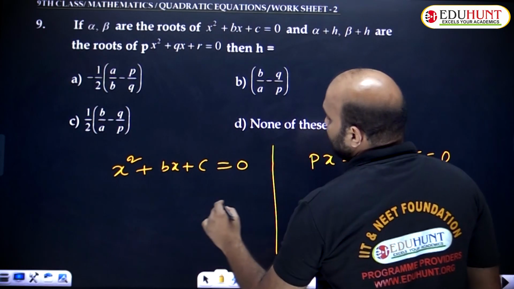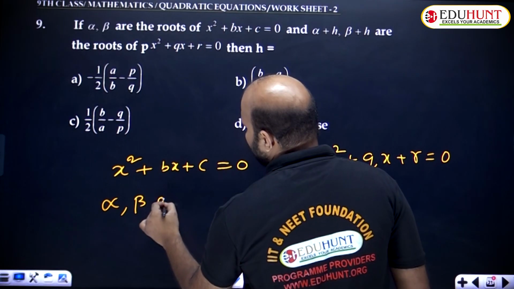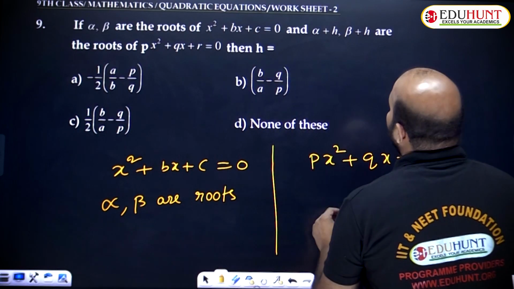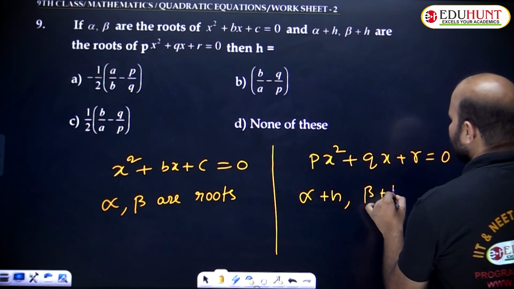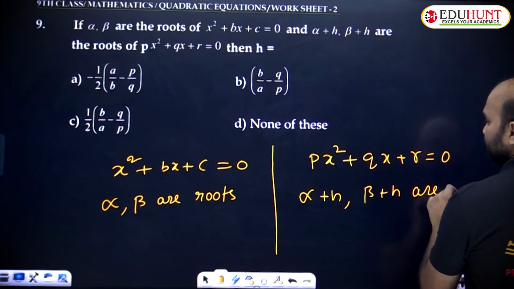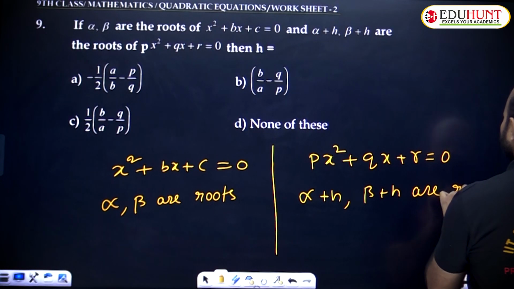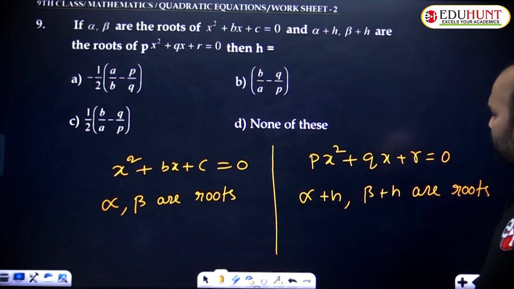In the first one, alpha beta are the roots of the first quadratic equation. In the second one, alpha plus h, beta plus h are the roots of the second quadratic equation, px square plus qx plus r equal to 0.